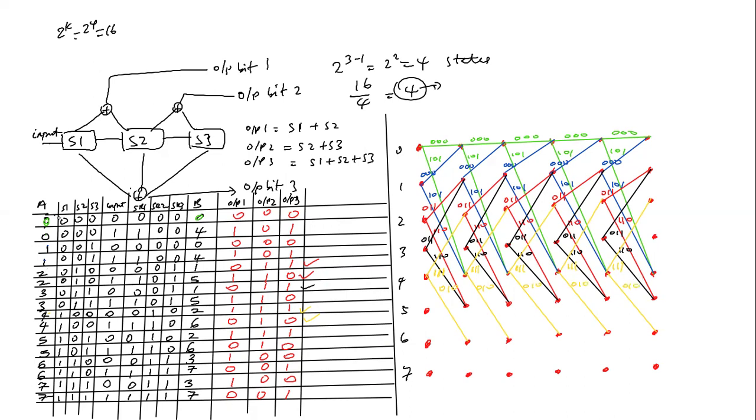Then now we have to move from 5 to 2 and 5 to 6. 5 to 2, 5 to 2, 5 to 2.